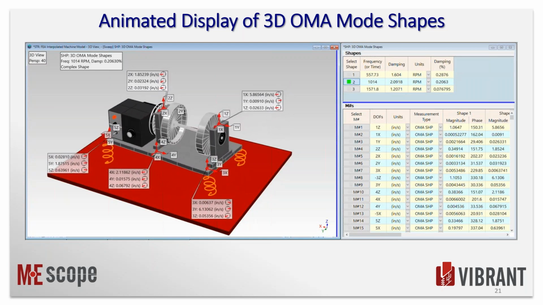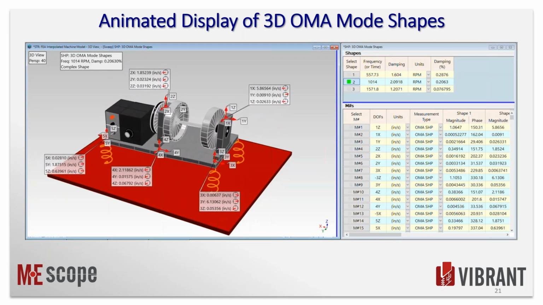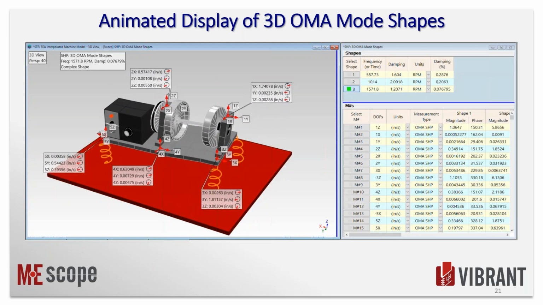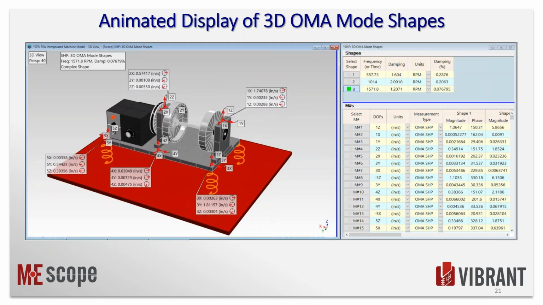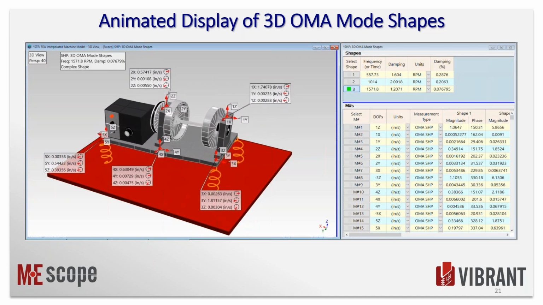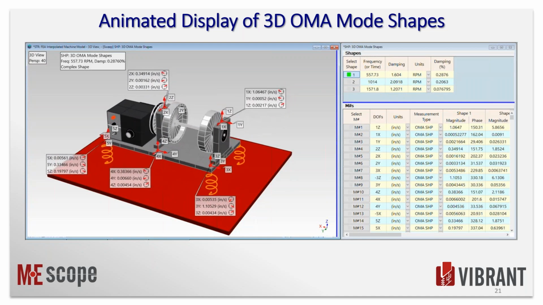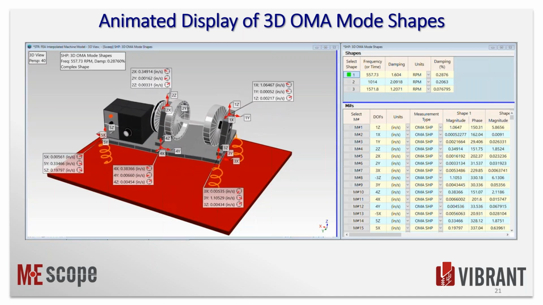Now there's one other step that was taken when we saved the curve fit 2 degree of freedom mode shapes. We remove the effect of the deconvolution window, which adds artificial damping to the modes. So that's another part of curve fitting ODS-FRF data that's built into MEscope.